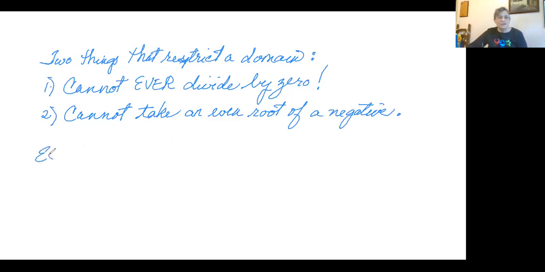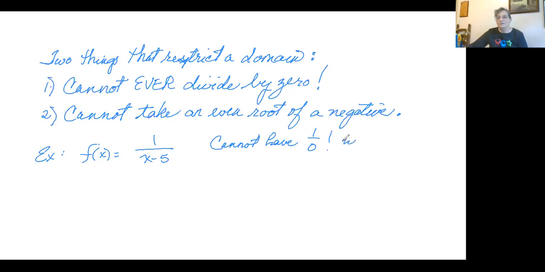So let's say we want to graph f of x equals 1 over x minus 5. We cannot have the graph be 1 over 0.